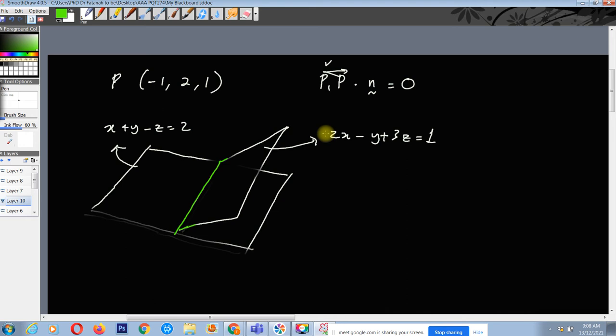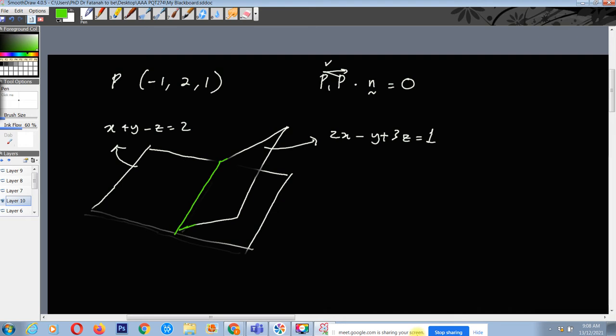So we need to get a normal, right? A normal, and then we will get the two normals. If we get these two normals, how to imagine this?